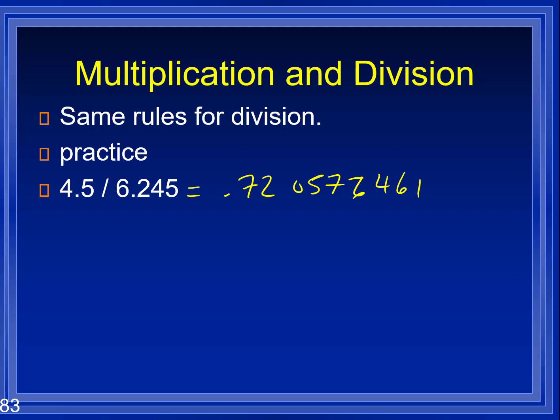Your calculator can give you more digits than are justified by the original measurements. So, how many sig figs in 4.5? 2. How many in 6.245? 4. So how many in my answer? 2. First one, second one, 72. I think 0.72 is my answer.